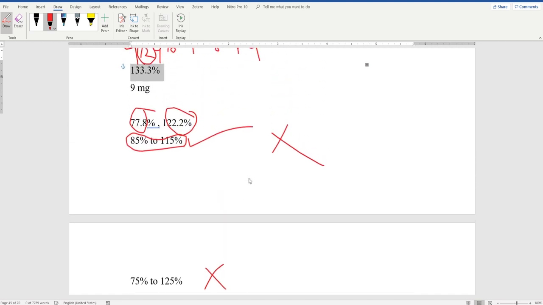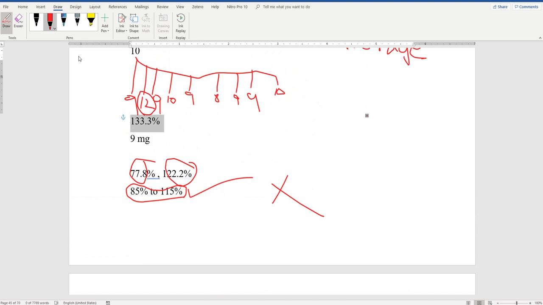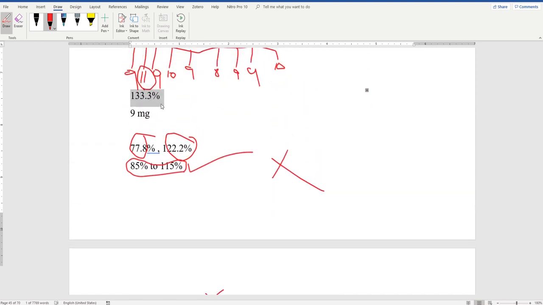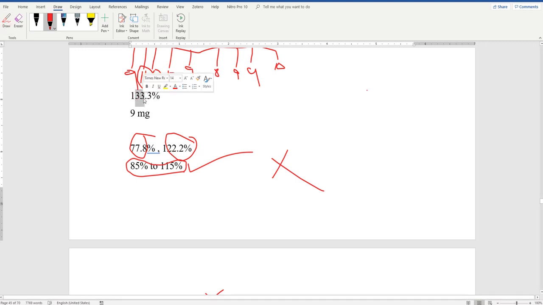Okay, let's assume the following. Now this is not 12 but 11. If you divide 11 by 9 and multiply by 100%, you get 122.2, right?